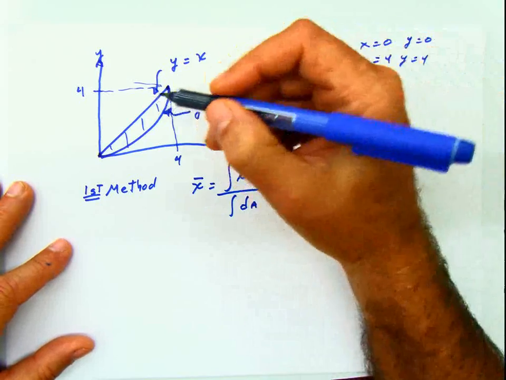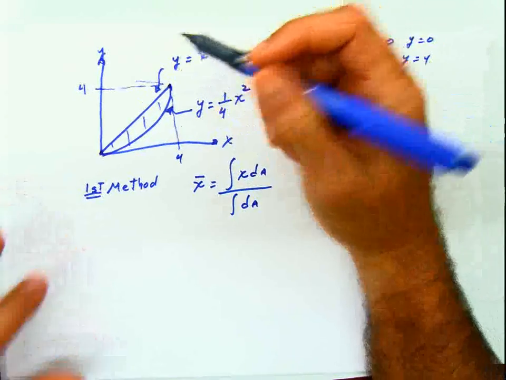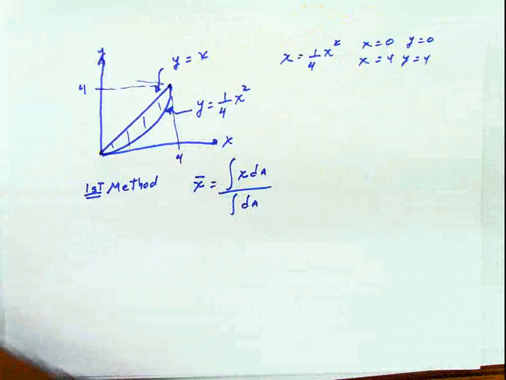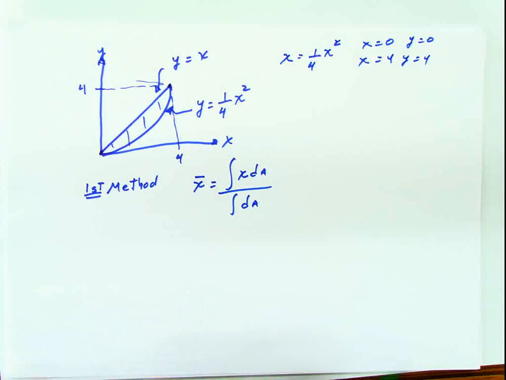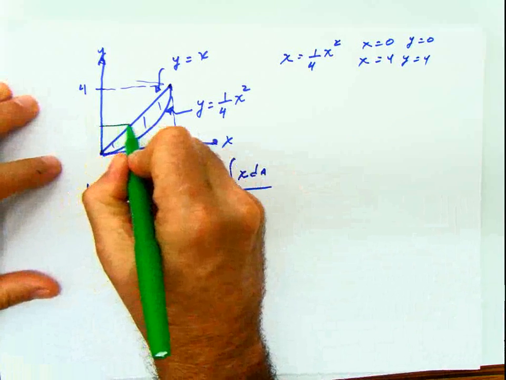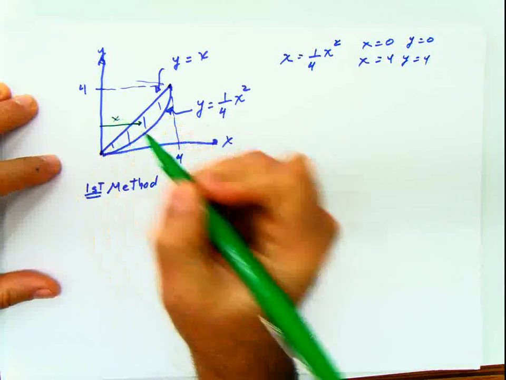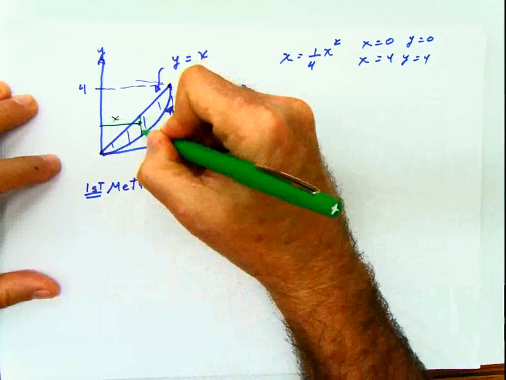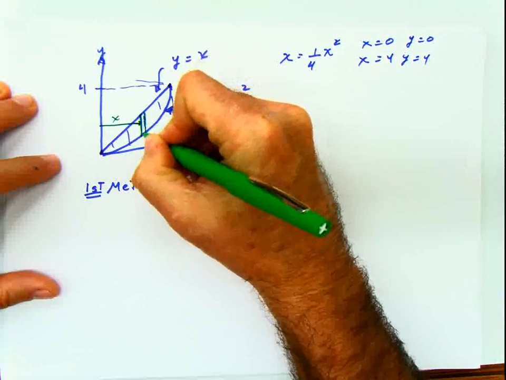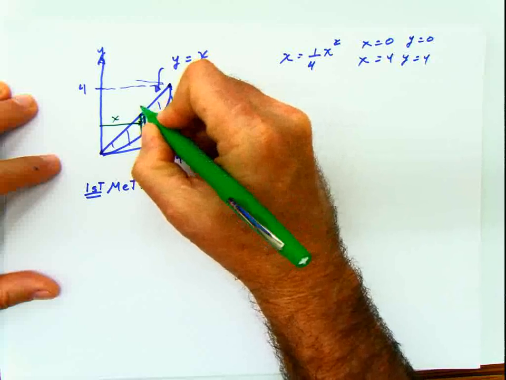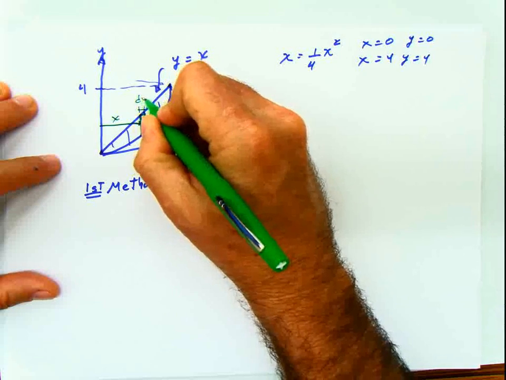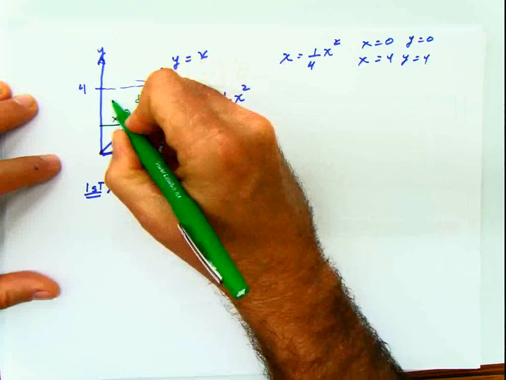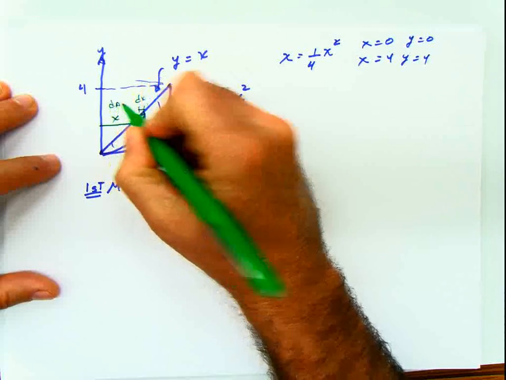And as I explained, let's say that I want to work with x first, meaning I'm measuring x in this direction, and my differential of area I select perpendicular to that one. This is going to be my differential of area, meaning this is going to be dx, and this strip is going to be my differential of area.